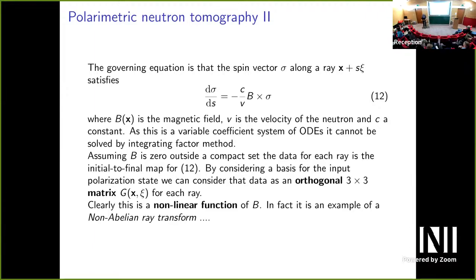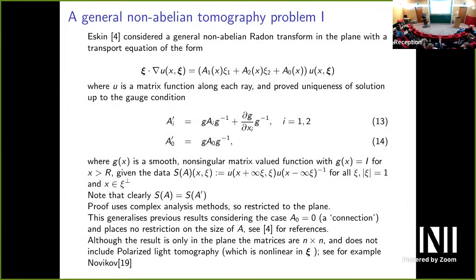So that's why it's called a non-abelian ray transform. It just means the matrices are not commutative. There's a whole theory of non-abelian ray transforms, and it wasn't really clear when Eskin did this what his motivation was, but there were some other, more abstract theoretical problems that motivated it, and it turns out it is what we need.